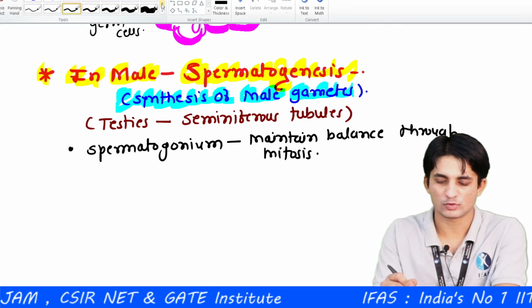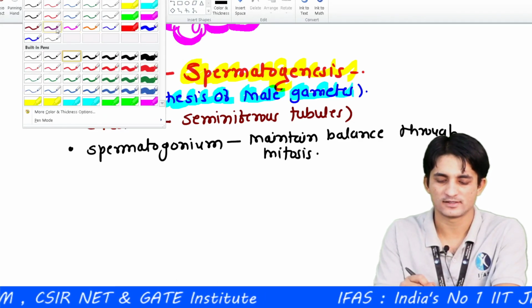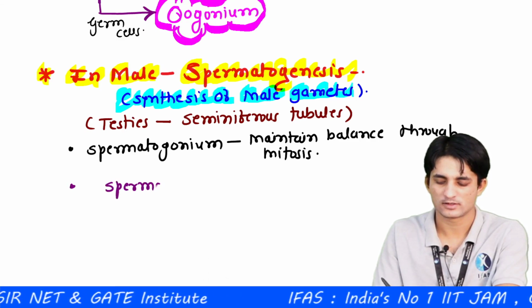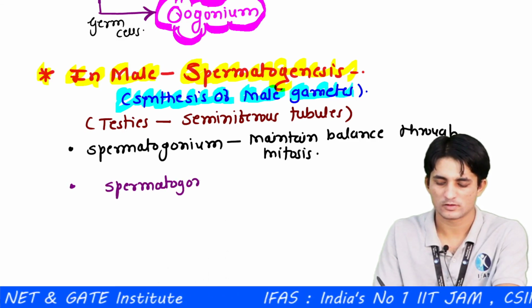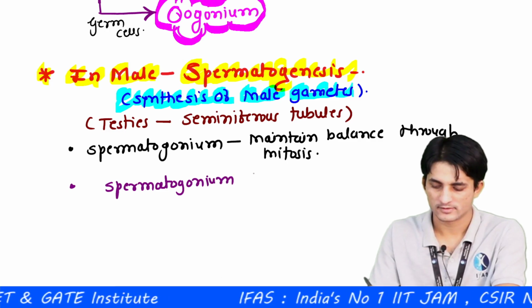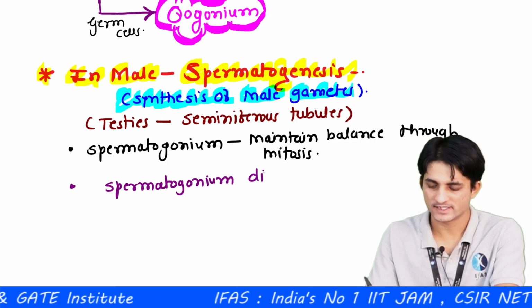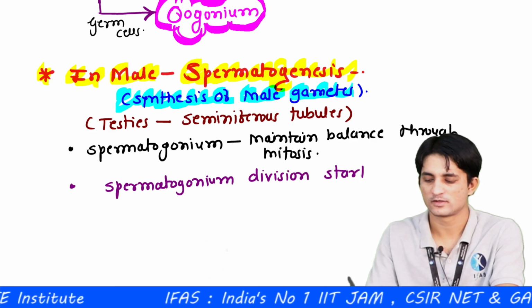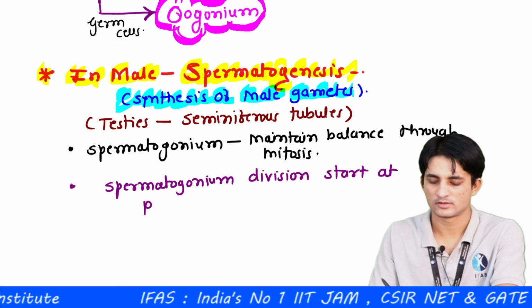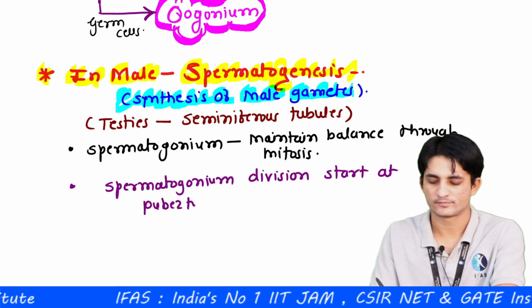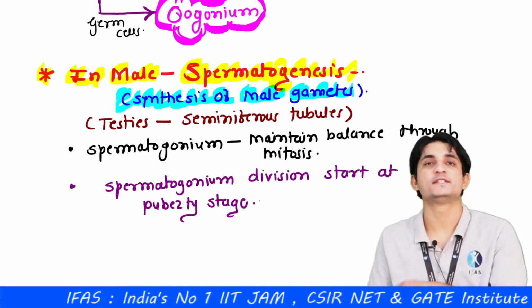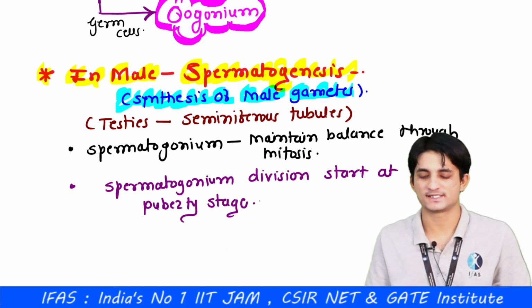Now spermatogonium division starts at the puberty stage.